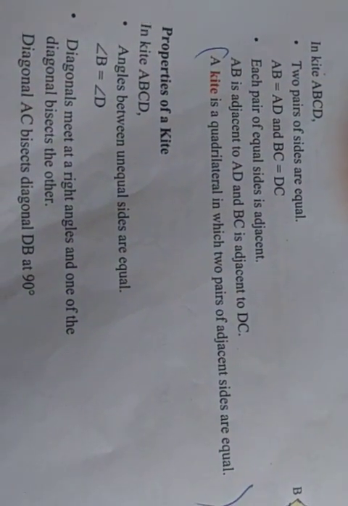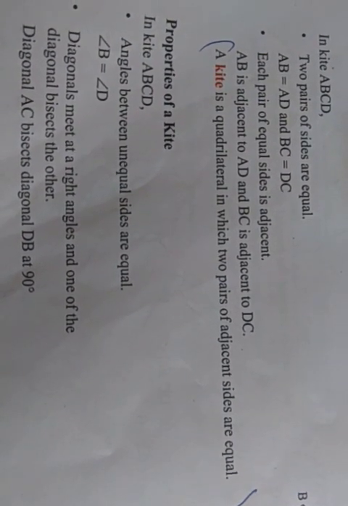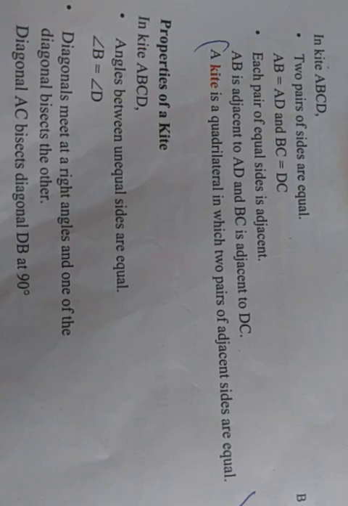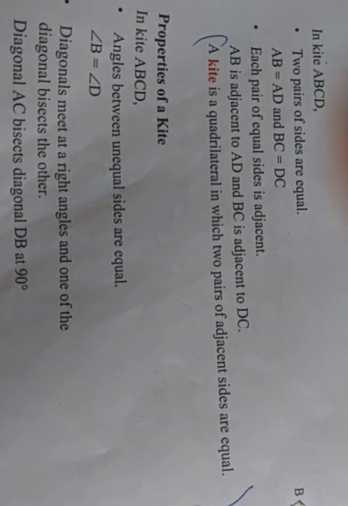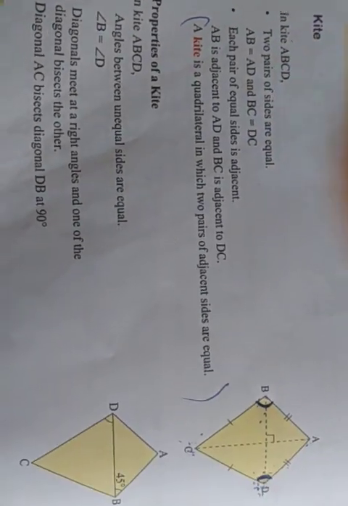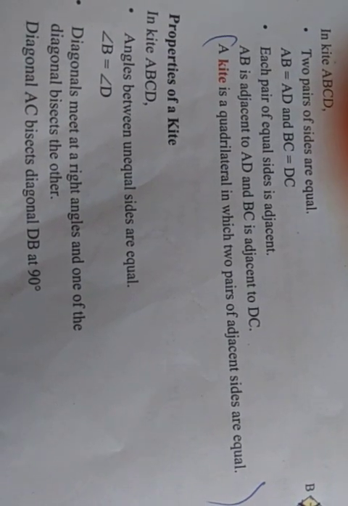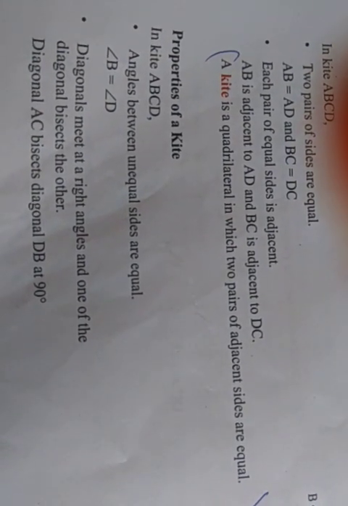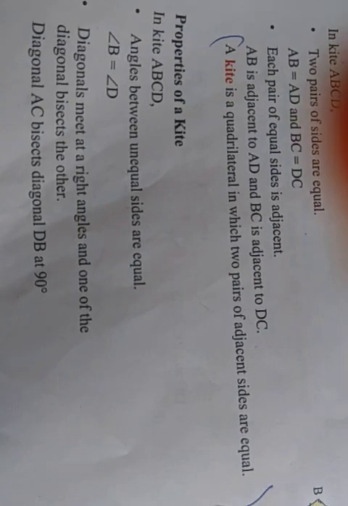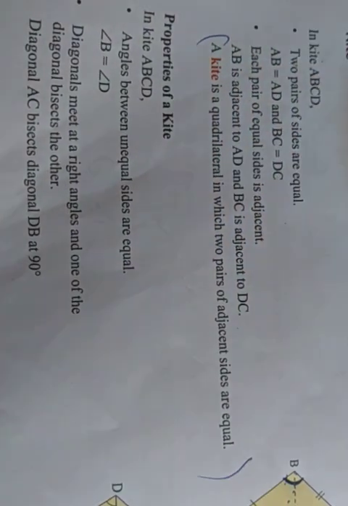Then diagonals meet at a right angle and one of the diagonals bisects the other. Diagonal AC bisects diagonal DB at 90-degree angle.